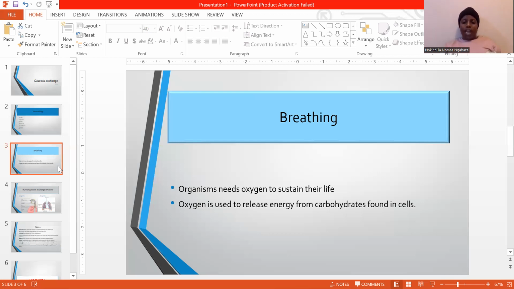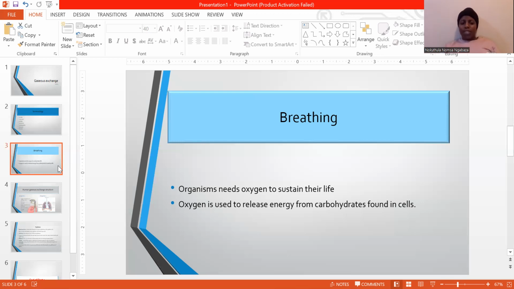As human beings, we have a mouth, nostrils, a diaphragm, alveoli and lungs. They all work together and are known as a breathing mechanism that helps us take in oxygen. I believe everyone is still understanding what breathing is.